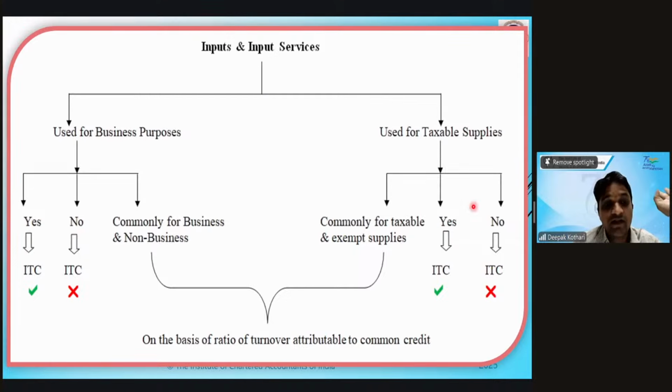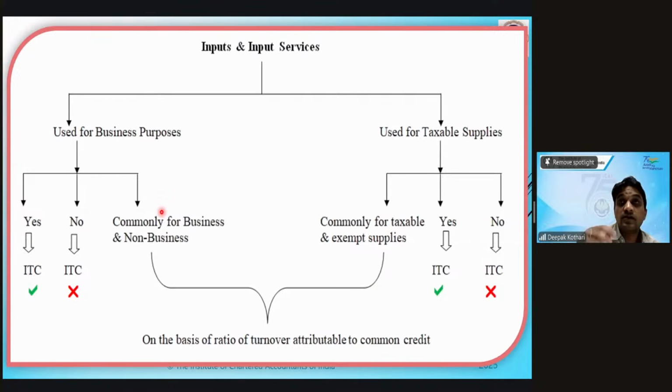That is the first thing: when you use the input and input services for business purposes and for taxable supplies, only then the credit is available. For non-business purposes and for non-taxable supplies, credit is not available. And if you're using it for common purposes, for business and non-business, like you took an office on rent and half of it you're using for business, half of it for residential purposes.